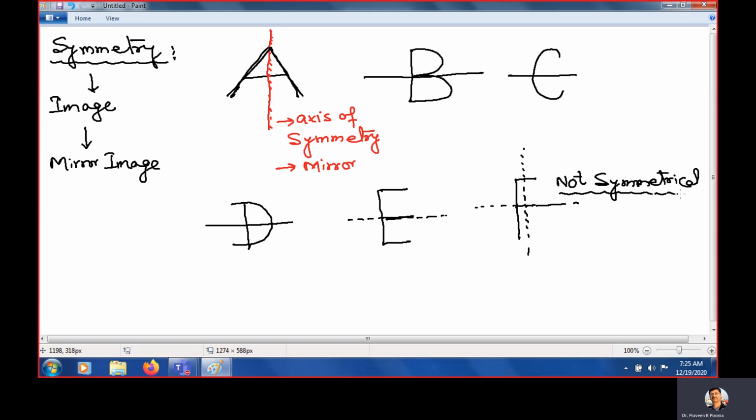This is not symmetrical. Clear? So in this topic, we are going to find a line that divides the given graph into two same, symmetrically opposite parts. Clear? Symmetry. Okay, move to the next page.